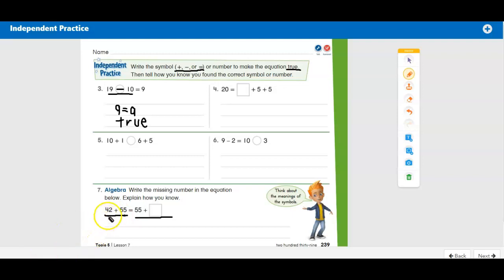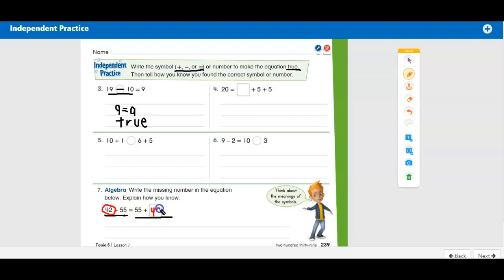So we have 42 plus 55. So our missing number, we have 55 plus blank. So on number 7, we'll just do this one together. The number that is missing would have to be the same number on this side.